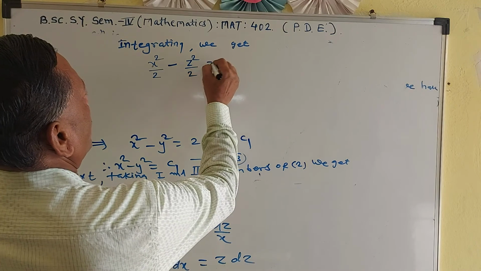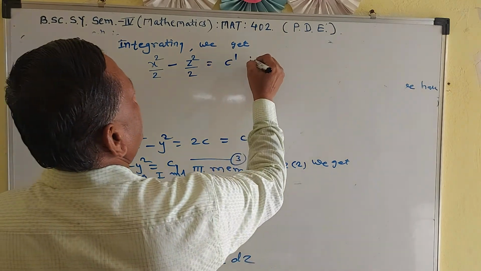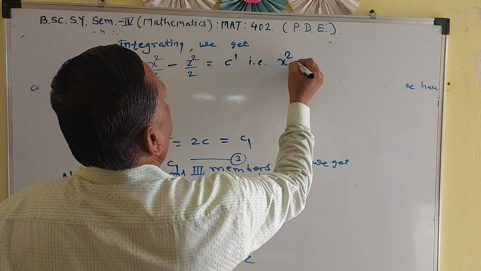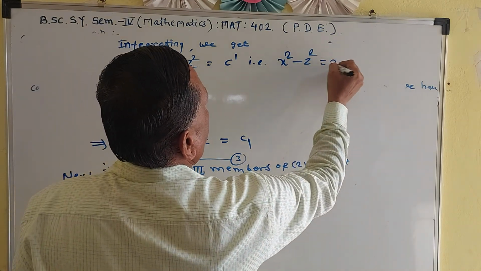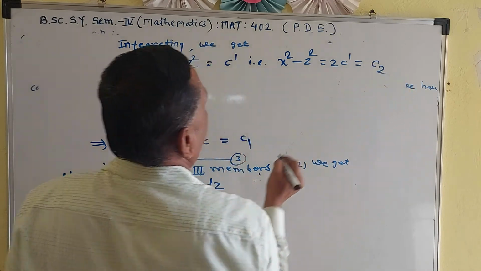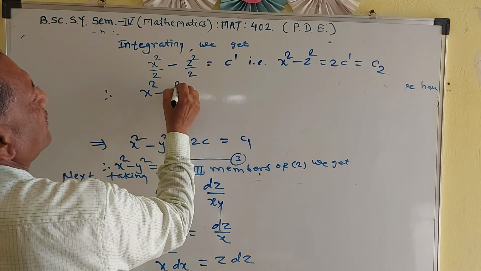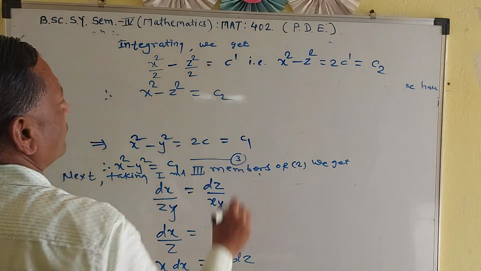is equal to some constant, suppose c dash, or this can be written as x square minus z square is equal to 2c dash. 2c dash means again one constant, you take c2. Therefore x square minus z square is equal to c2.